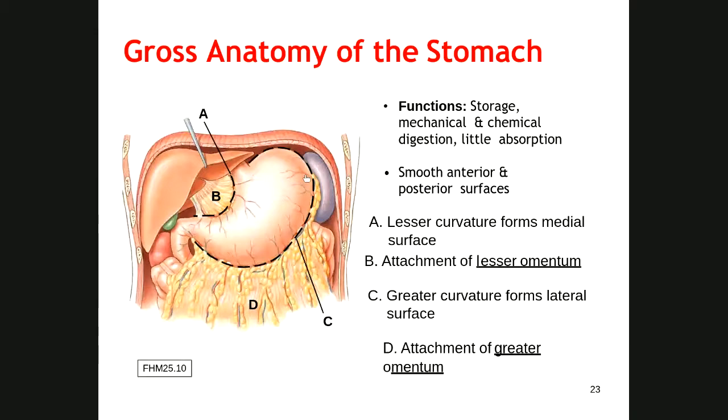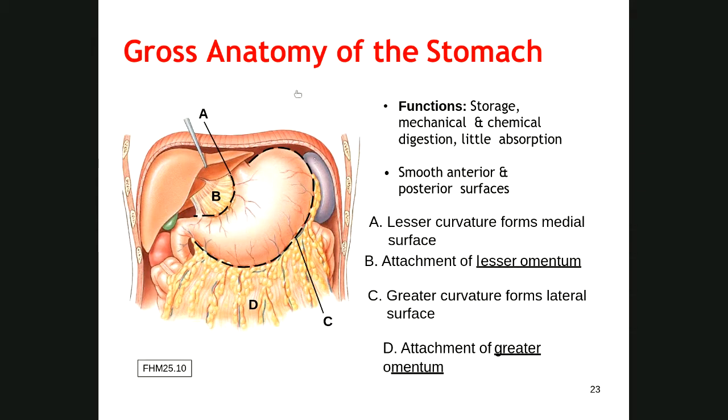Okay? So the stomach has anterior and posterior surfaces, which are smooth. We have this outer curvature, which is called the greater curvature. And we have the smaller curvature, like a bean or a letter C, which has an outer curvature and an inner curvature.